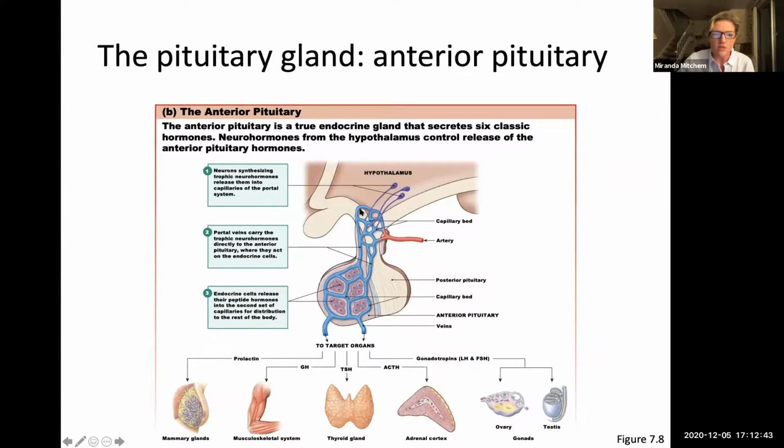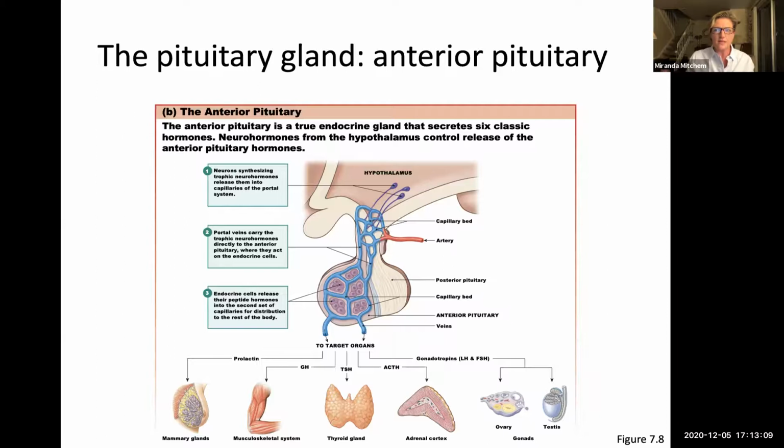So these neurohormones are released into the capillaries, and they go directly down to the anterior pituitary gland, where they are then able to act on those endocrine cells that are present in the gland. And the types of hormones are shown here. We're going to go through them in the next couple slides.